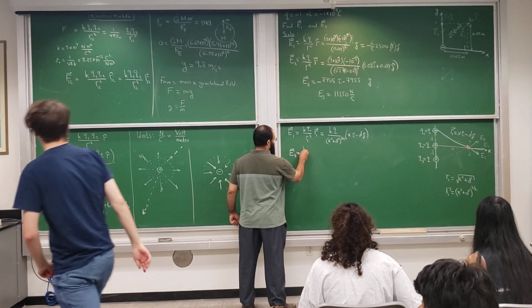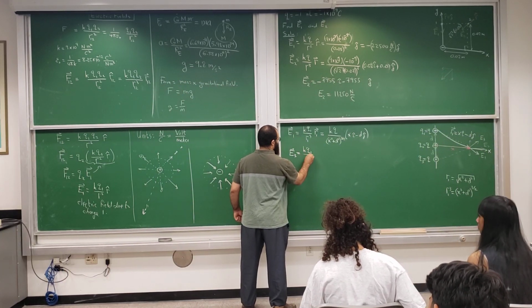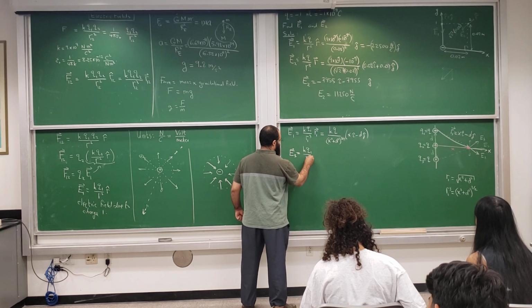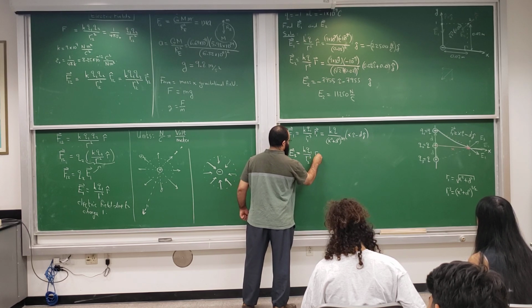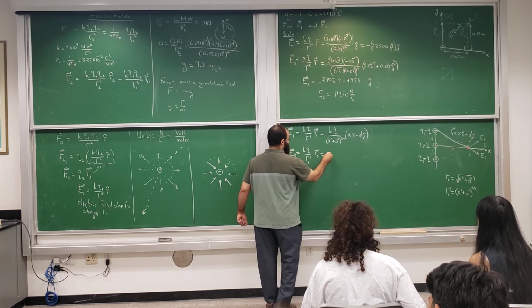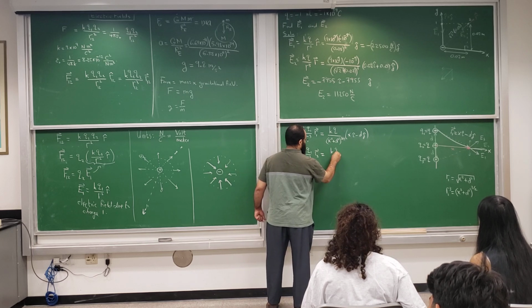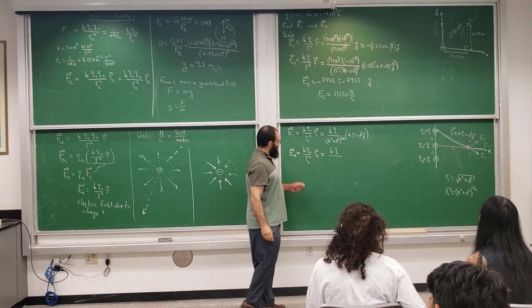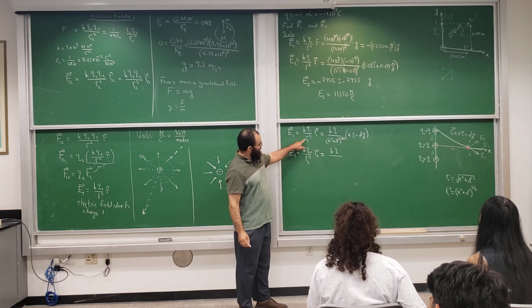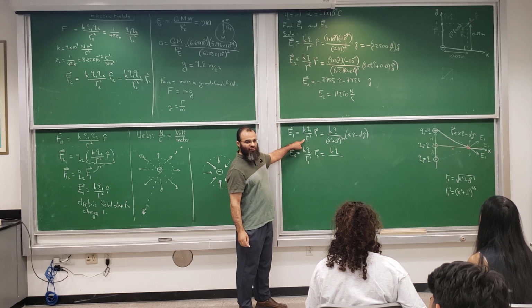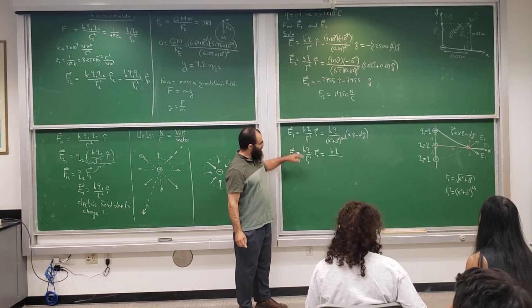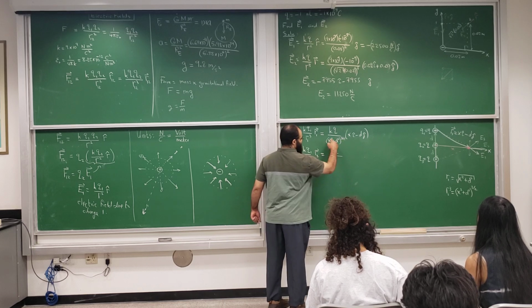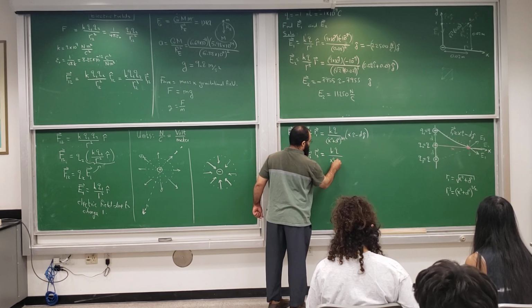So I put K, Q3, R3 cubed, and you get K, Q. Is the distance R3 more than R1 or the same as R1? The same. So that distance is the same, so this bottom part is going to be the same.